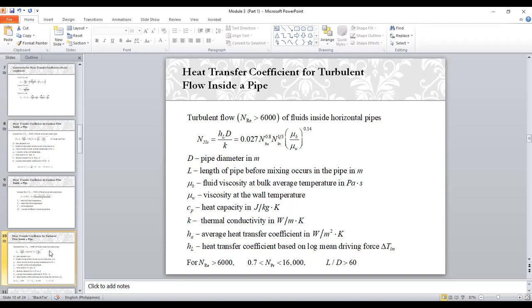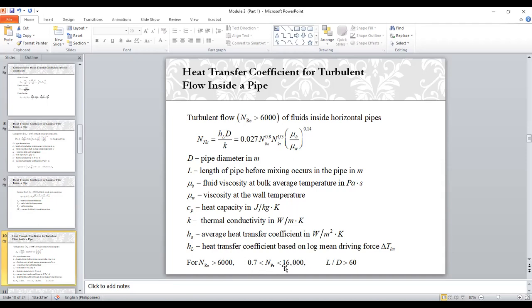Once I have that already established, then I can choose the particular formula for the Nusselt number that I will solve. So in this case, this is for your turbulent flow in pipes. This is for Reynolds number greater than 6,000, and for Prandtl number in the range 0.7 to 16,000.